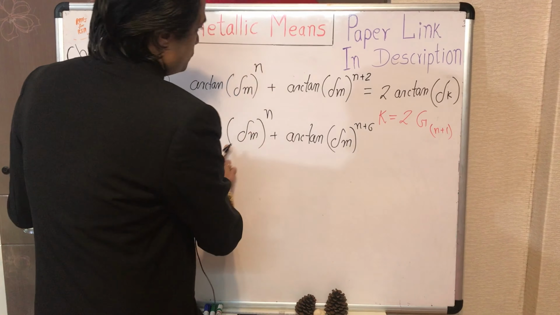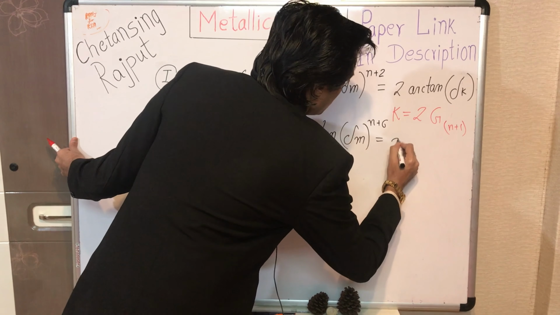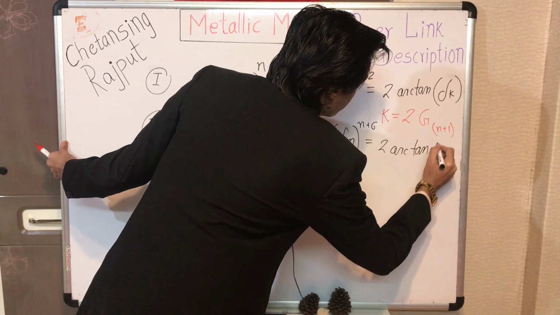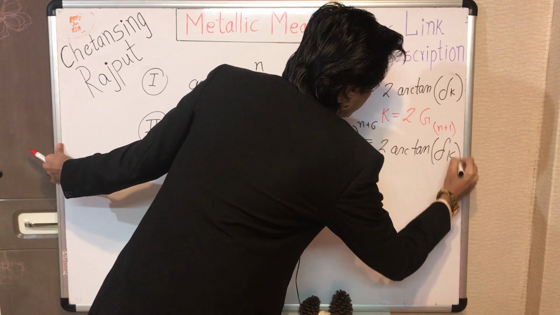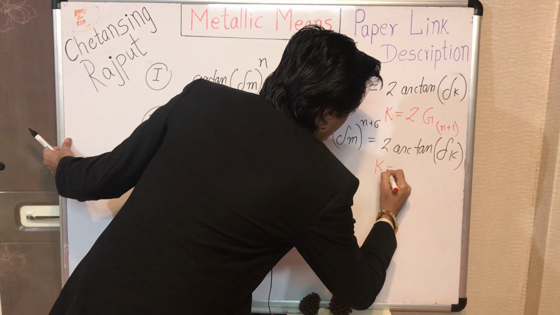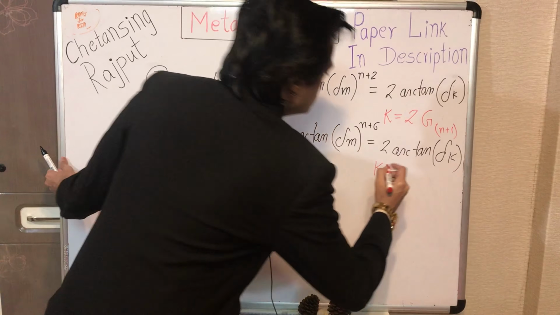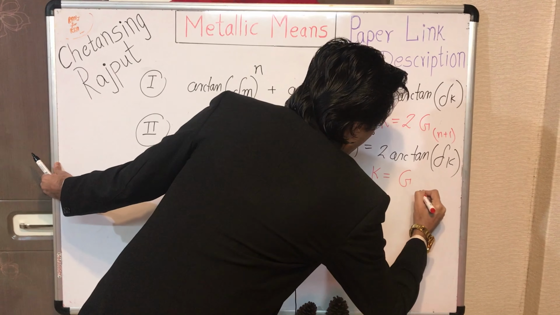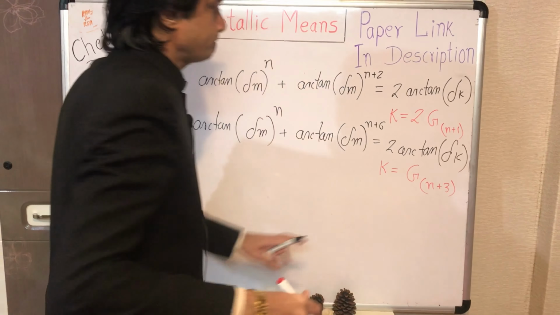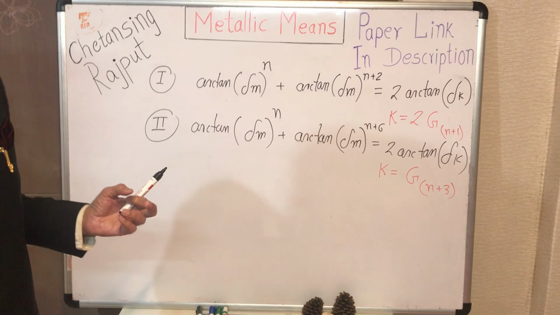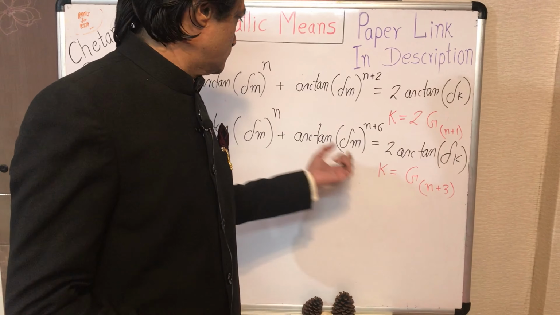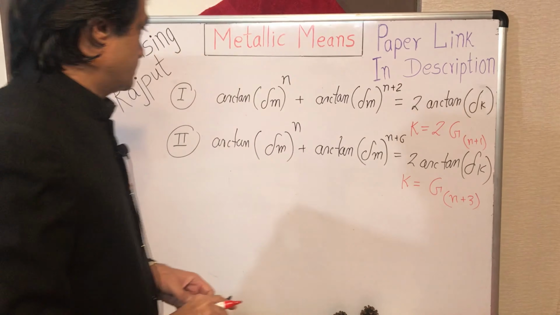And this also gives us twice the arctangent of kth metallic mean, where k is equal to n plus 3rd term of the associated sequence, the generalized integer sequence concerned with that metallic ratio.